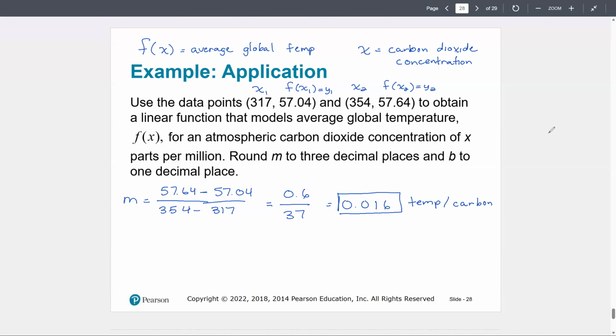So from here to finish this, we'll do the other part at the bottom, so I'm going to change color. We have a slope, so we have an m, and we have an x1, y1.